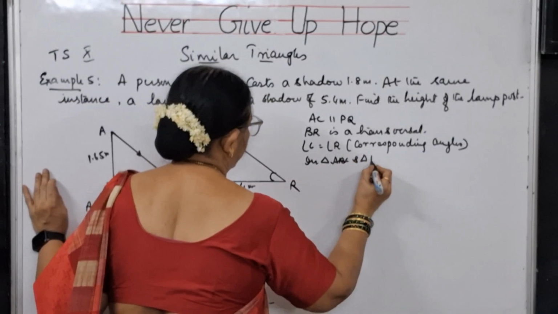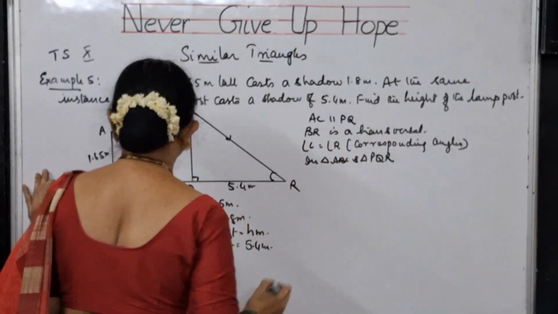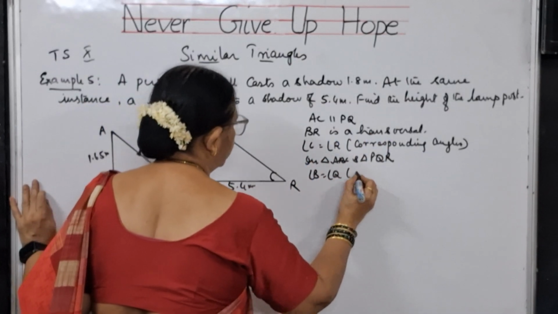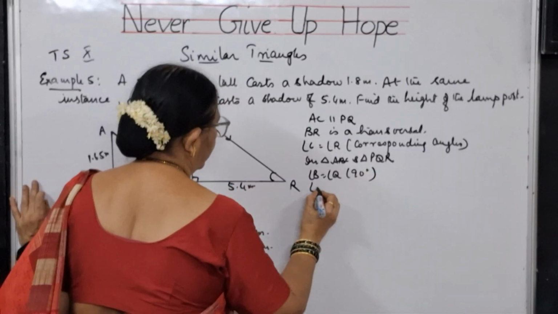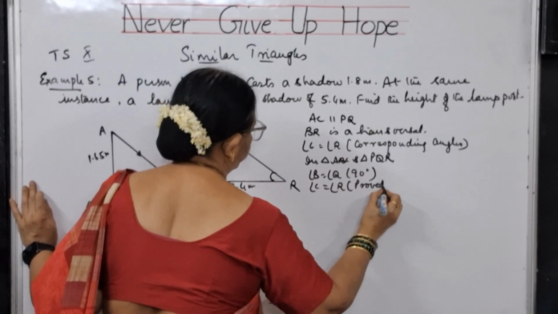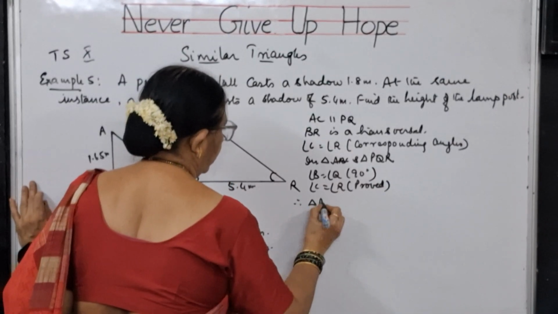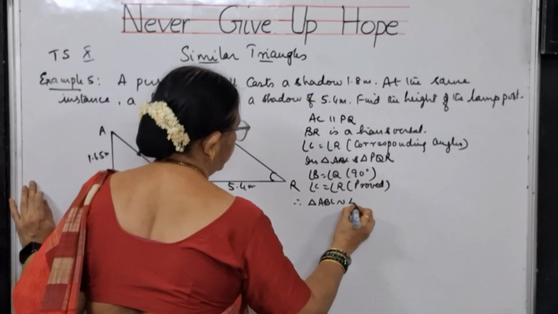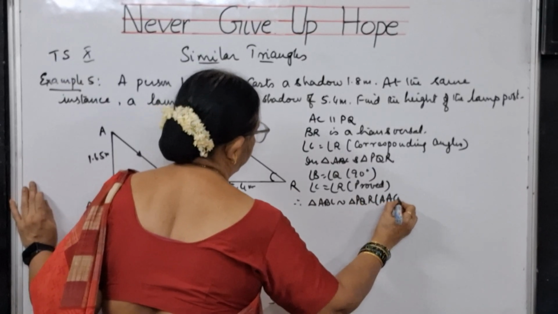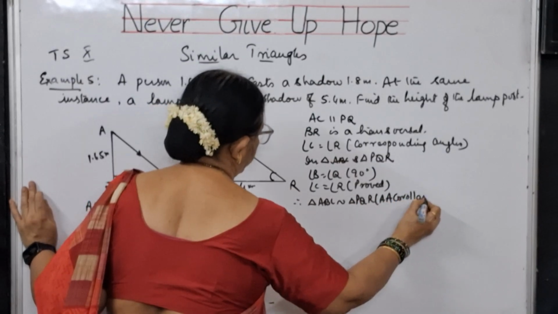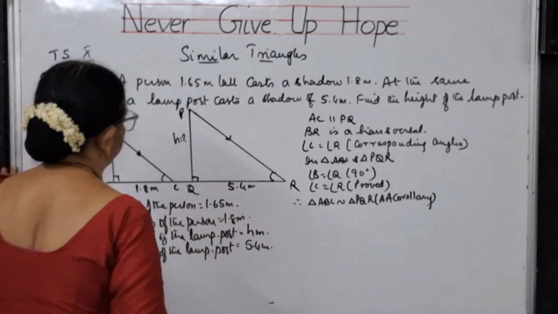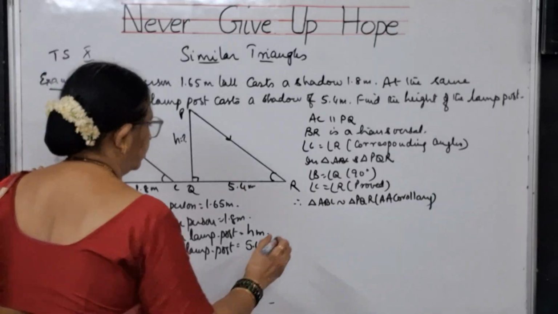Now let us take triangle ABC and triangle PQR. In these two triangles, angle B is equal to angle Q, 90 degrees. Angle C is equal to angle R, just now we have proved it. Therefore, triangle ABC is similar to triangle PQR by the angle-angle criterion. When these two triangles are similar, their corresponding sides are proportional.